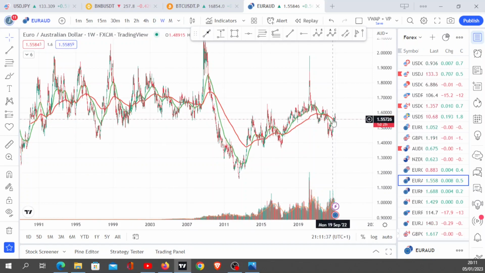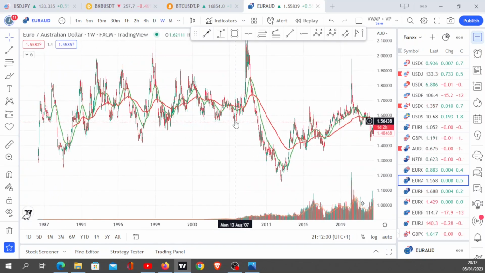So we've got touches really recently here, we've got another one here, that's 2, we've got another one here, 4, 5, 6, and again here 7, 8, 9, 10, 11. Actually it drops a little bit through here, 12 there, 13, 14, so almost 20 touches since the 1980s on a really large time frame.